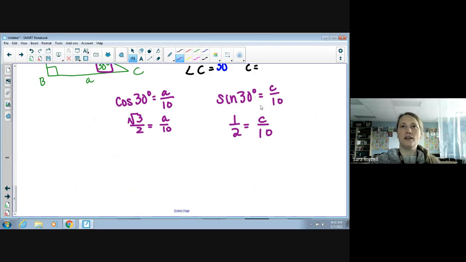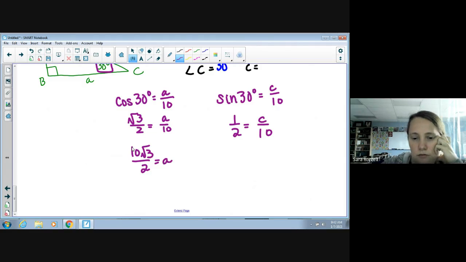So when you have 30, 45, or 60 in your problems like this, you don't have to use a calculator. You can just go back and say, oh, what was that? We already did that already. All right. And so if I want A by itself, I'm going to multiply by 10. So that's 10 root 3 over 2. And does that simplify? 10 over 2 makes 5.